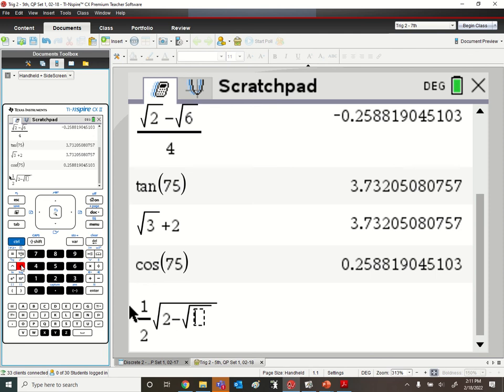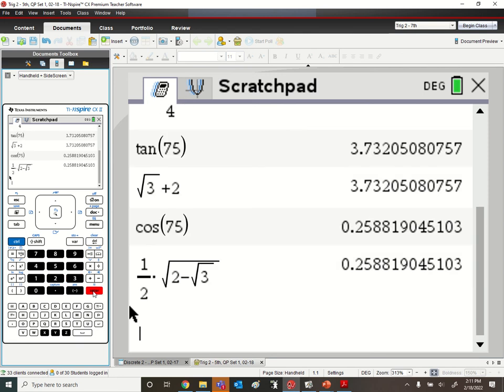Yeah, like that. And so when I hit enter, I get the same answer. You put them all in until you get the right answer. That's why I said you have to go through. It's a bit of a longer process, but the correct answer is there.